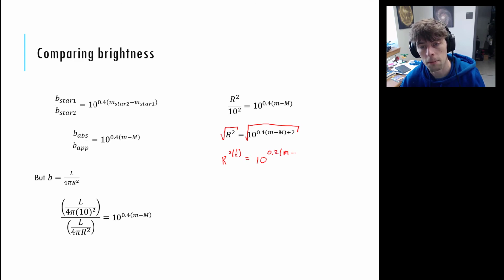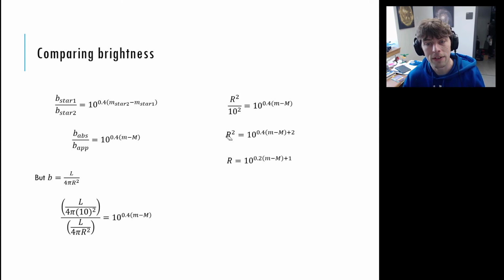I still have little m minus big M. And then I divide 2 by 2, so I get this plus 1. Okay? So at the end of the day, let's go ahead and get rid of all of this. At the end of the day, what do I have? I have this. So these two equations are synonymous.